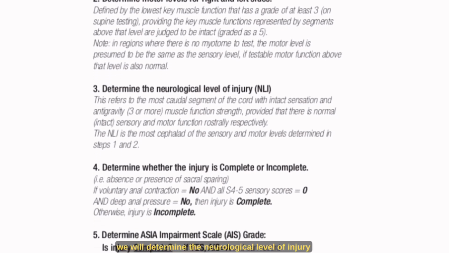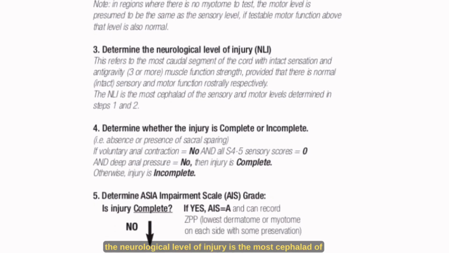Now we will determine the neurological level of injury, and this refers to the most caudal segment of the cord with intact sensation and motor function, that is anti-gravity power of 3. So the neurological level of injury is the most cephalad of the sensory and motor level determined in step 1 and 2.